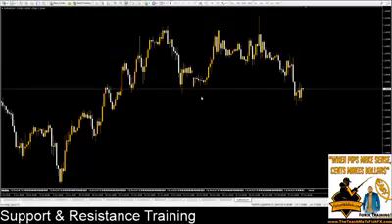Typically with regular force, you're not going to be able to go past a ceiling. And that is what we consider resistance to be. All right, so resistance is the ceiling, support is the floor, and support and resistance together are the areas in which the market makes a turn.